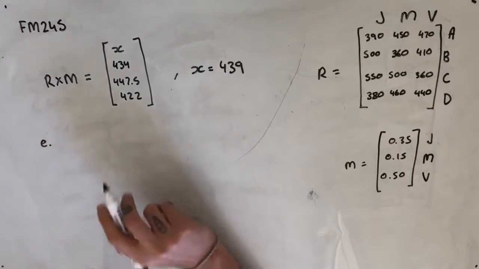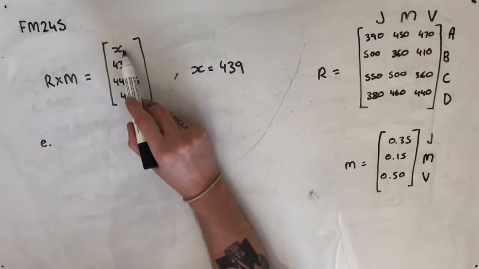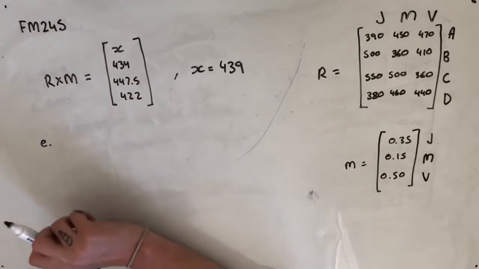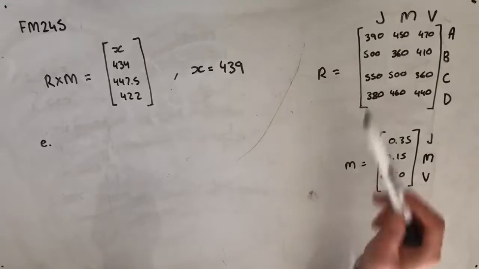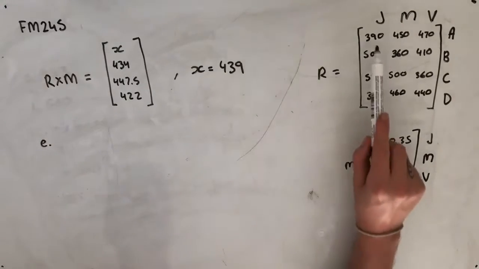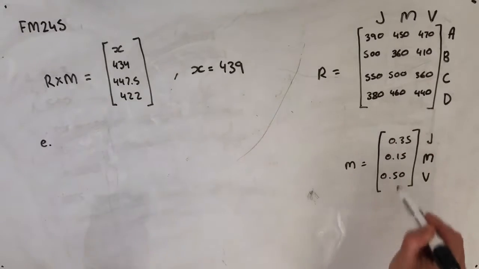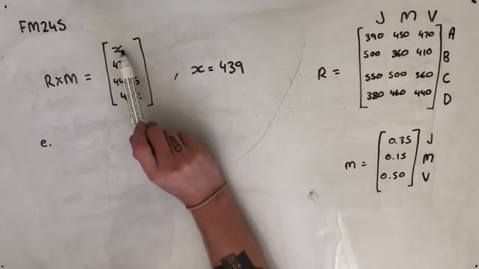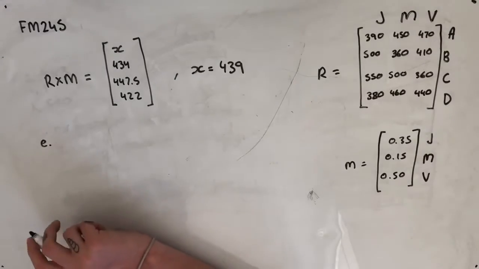So this is our matrix product. And in our matrix product, the element x is in the first row, first column of our answer. So if we take the first row of R, which is the first matrix in our matrix product, and combine that with the first column of our second matrix, we will get the element that is in the first row, first column of our matrix product.